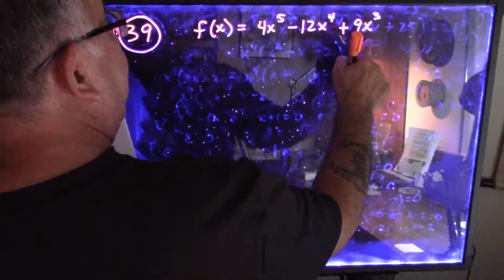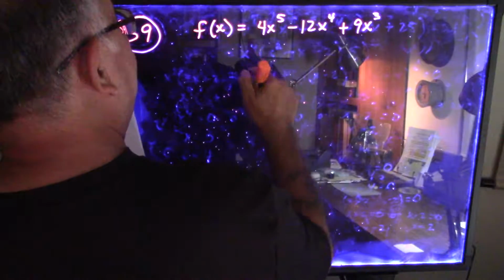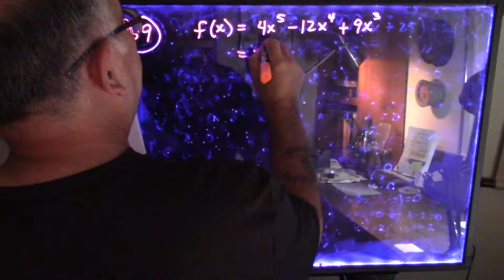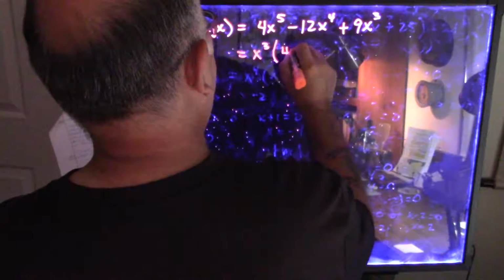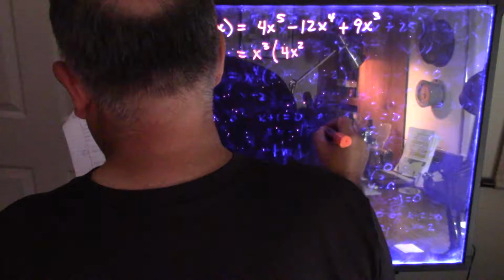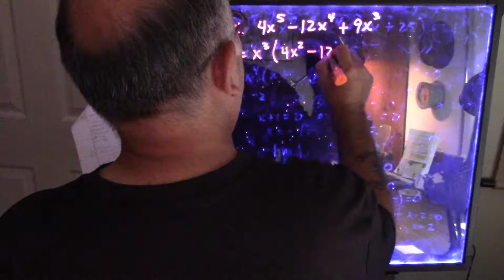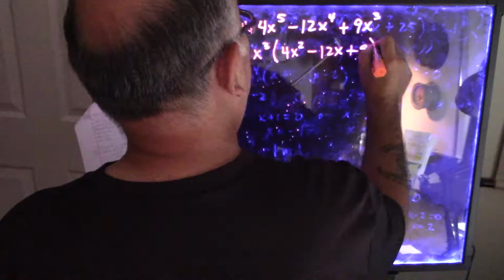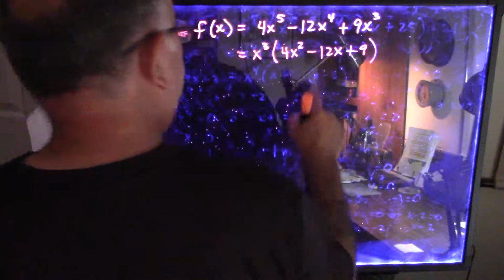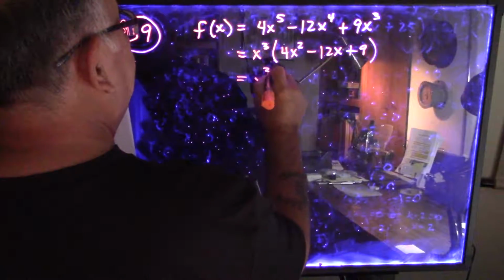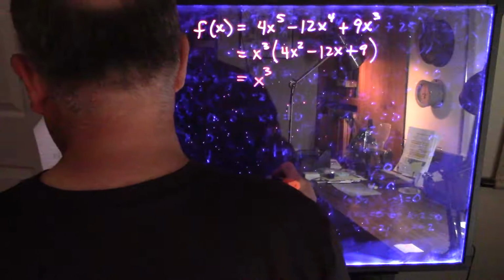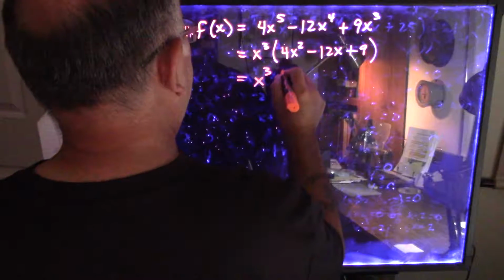So we can factor a common factor of x cubed out of these three terms. That leaves us with 4x squared minus 12x plus 9. And this right-hand factor can be factored. So that's the x cubed, and then you've got a 2x minus 3 quantity squared.